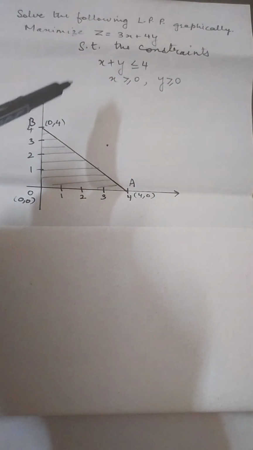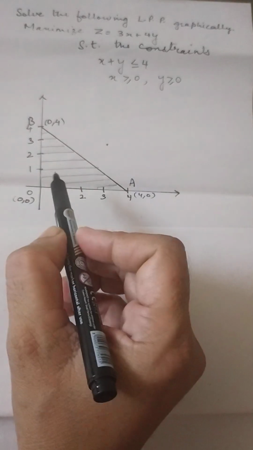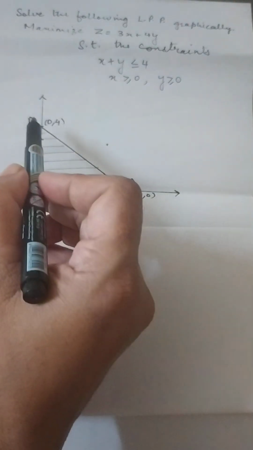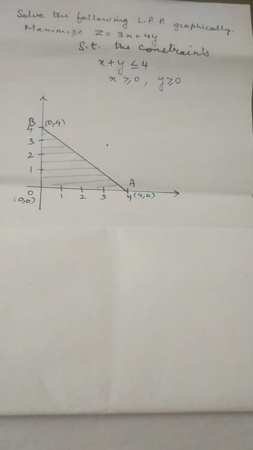So here we have three constraints and the region bounded by these constraints is our feasible region. So here you see that we have the shaded part which is defined by OAB, and this region is actually the feasible region.